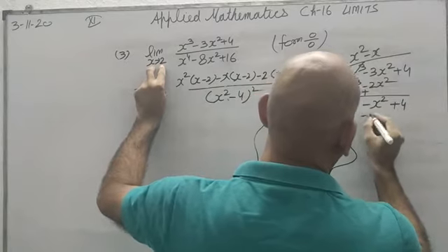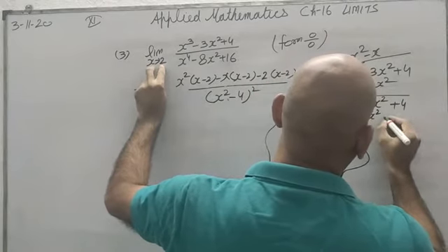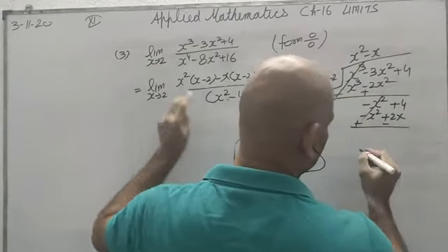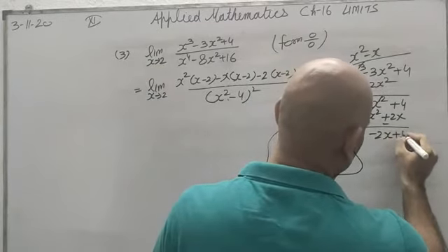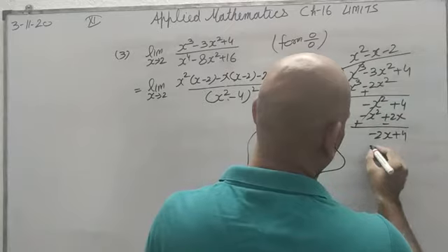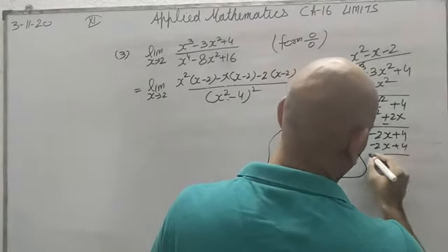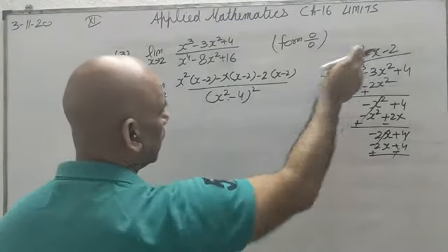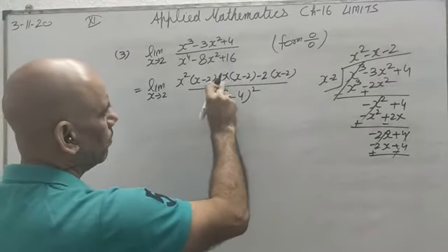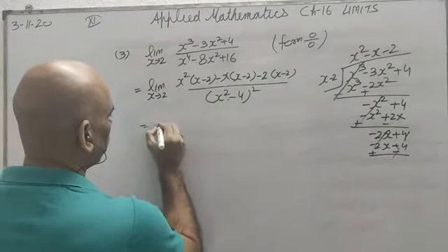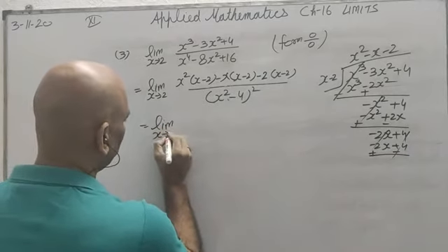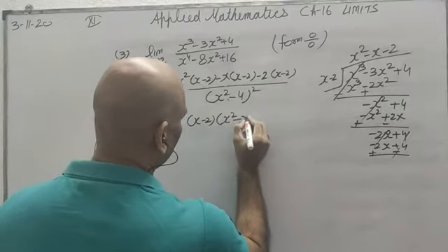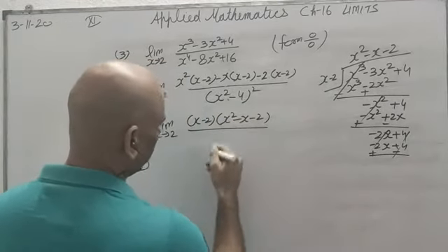Minus x, so minus x square and plus 2x. Minus and plus cancel. Minus 2x plus 4. So I multiplied it by minus 2, minus 2x plus 4. The plus and minus cancel. So I got x square minus x minus 2, and similarly I got x square minus x minus 2. You can adjust it both ways. x minus 2 common, x square minus x minus 2 on the top and bottom.